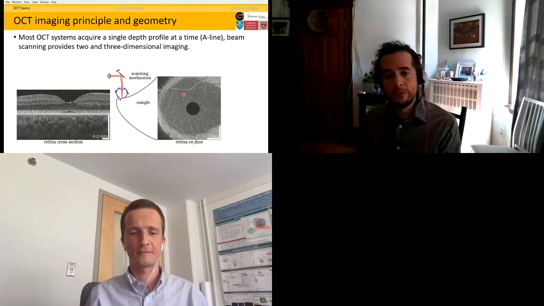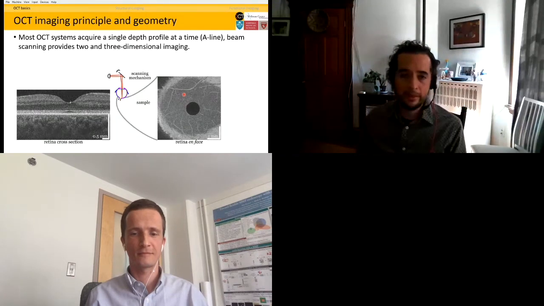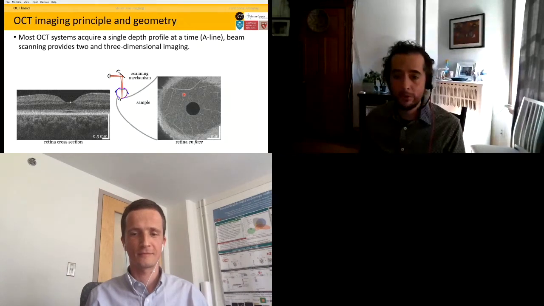When we are imaging the eye, that is definitely the most widespread application of OCT, we replace the focusing lens by actually the eye. The eye performs the job of focusing the light.